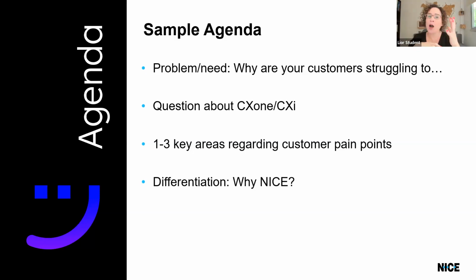Then you would have 1, 2, or 3 areas regarding specific customer pain points. Could be self-service, it could be digital. You choose based on your discovery. And finally, there's the differentiation question, the why NICE. And of course, you can craft it in lots of different ways. How is NICE unique, etc. Ready to see some examples?